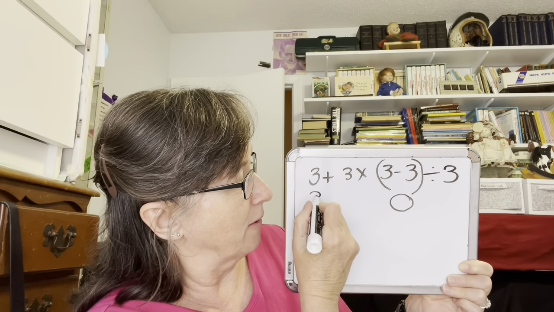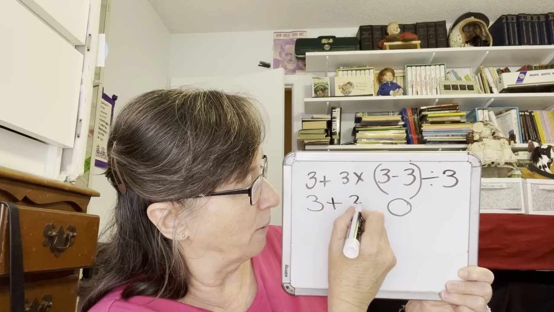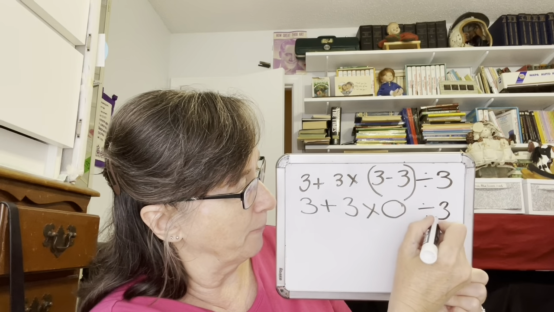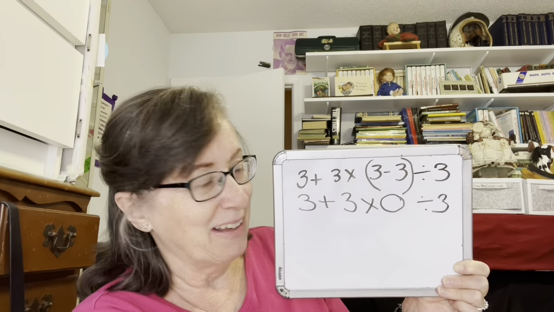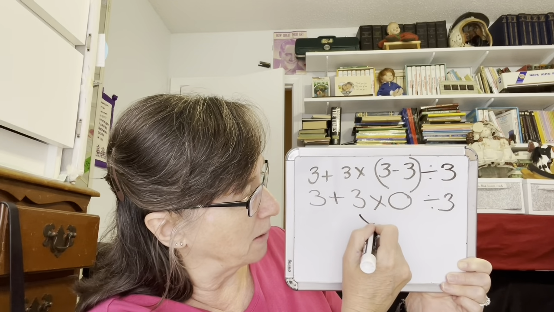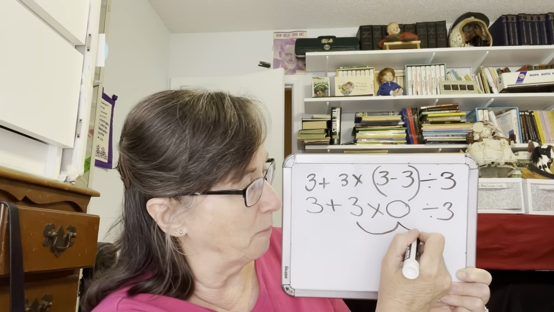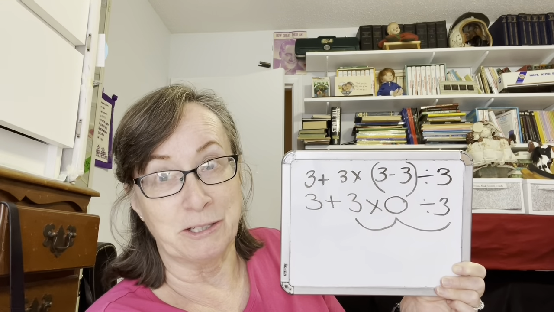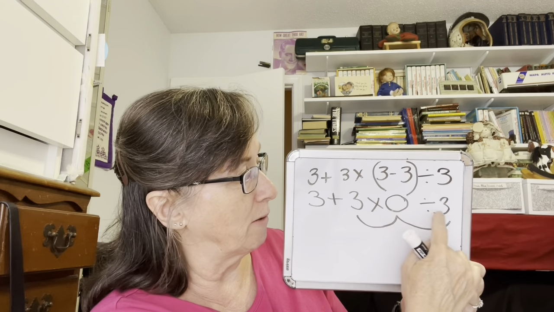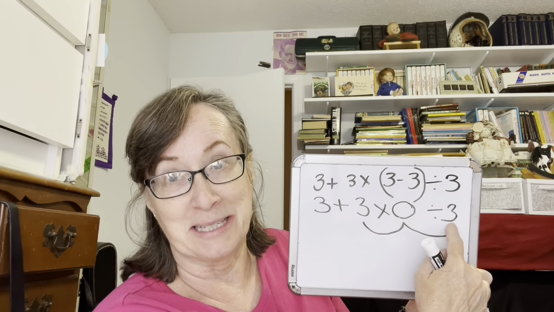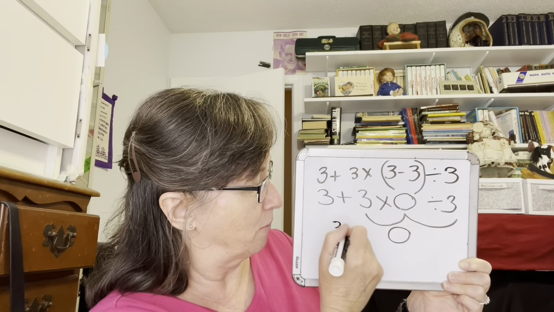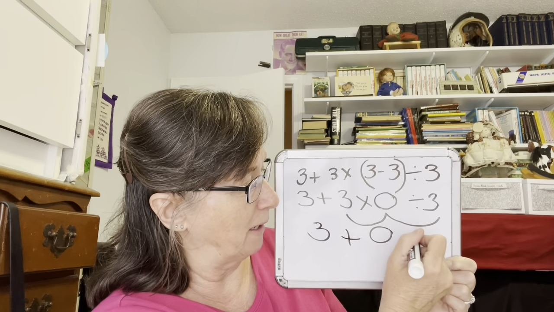So now we have 3 plus 3 times 0 divided by 3. Okay, so now we need to go left to right with multiplication and division. Here's a multiplication followed by a division. We do it left to right. So 3 times 0 is 0. 0 divided by 3 is 0. Okay, so all of this back here becomes 0, and we have 3 plus 0 equals 3.